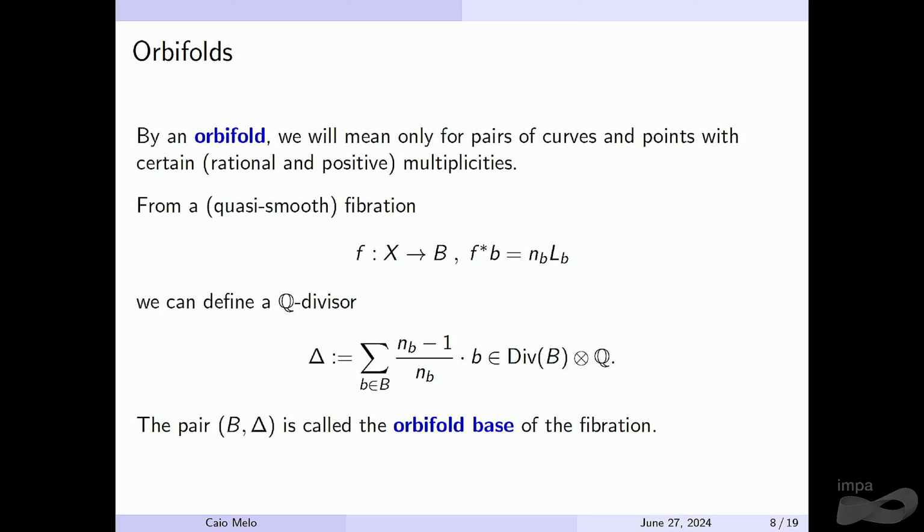For me, an orbifold will be just an orbifold curve. If we have a fibration F, then we can construct a divisor. So an orbifold will be a curve and a positive rational divisor, giving multiplicity to those points.